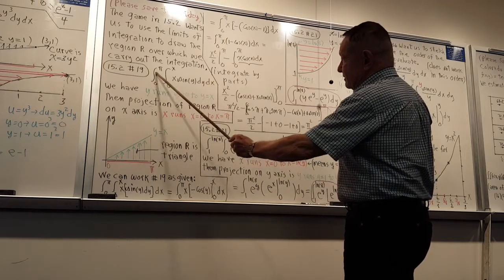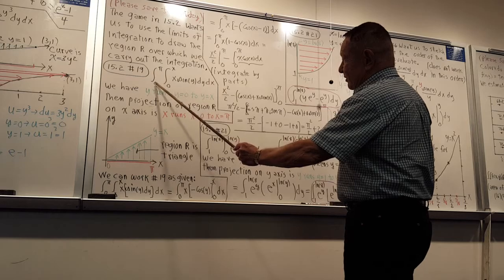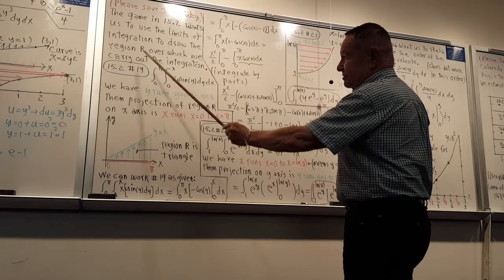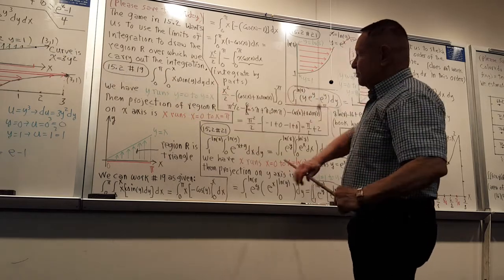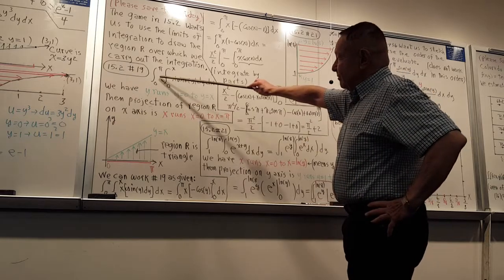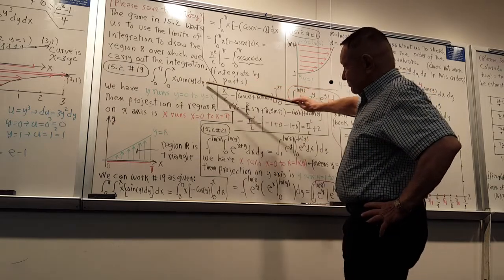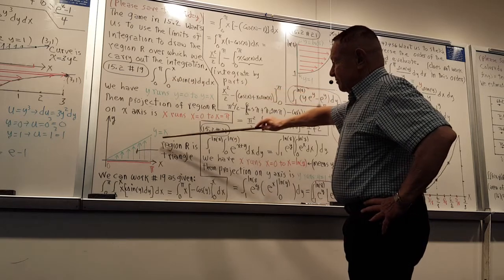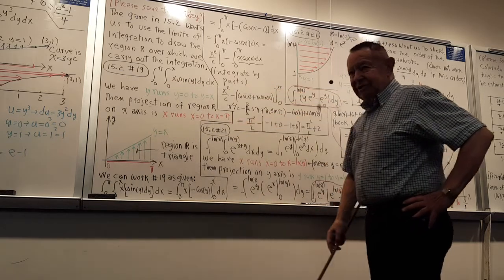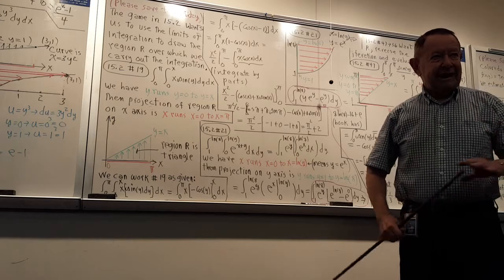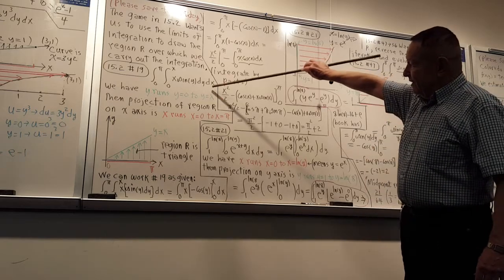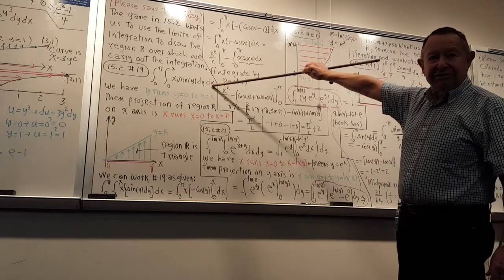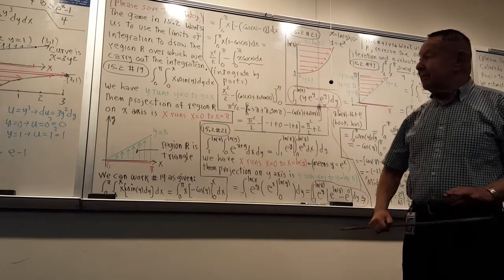And your second integration is always between constants. That'll be true with all these problems when it's a double integral, when it's two variables. And the constants will be the projection of your region on the axis that you name with the differential you write second.